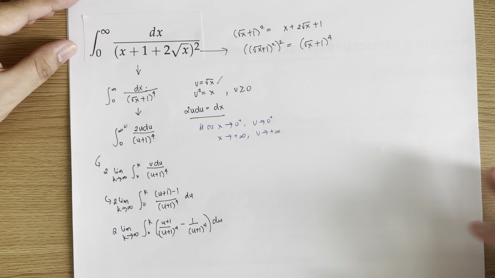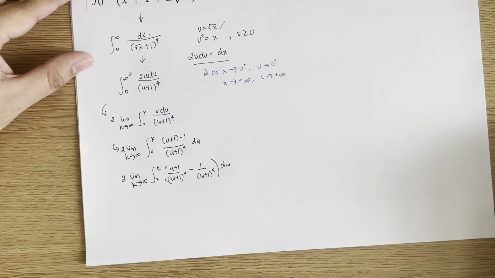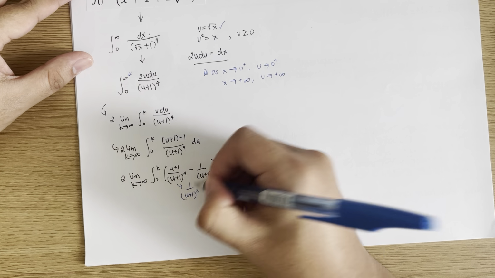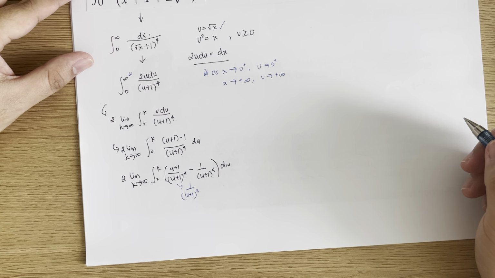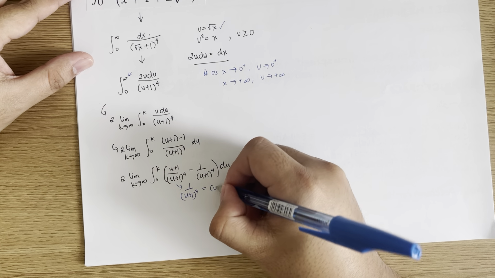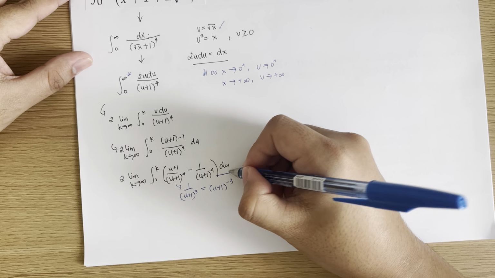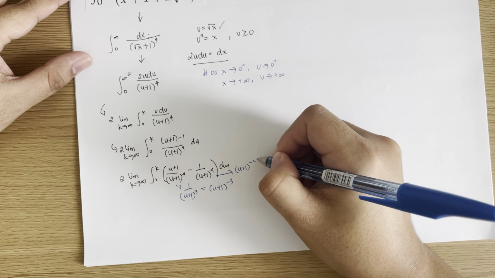There you go. Now this first term would be equal to 1 over (u plus 1) cubed, which is equal to (u plus 1) to the negative 3. The second term is (u plus 1) to the negative 4.